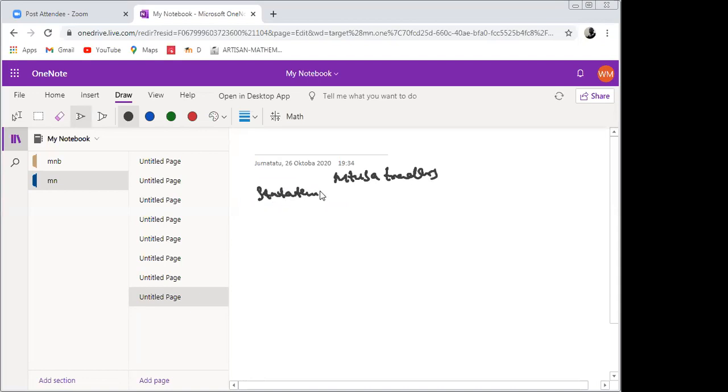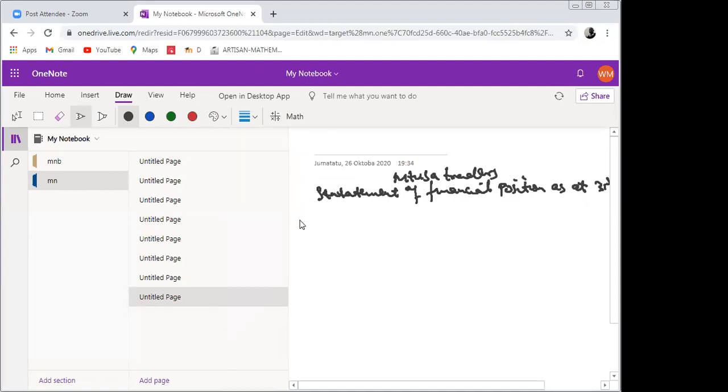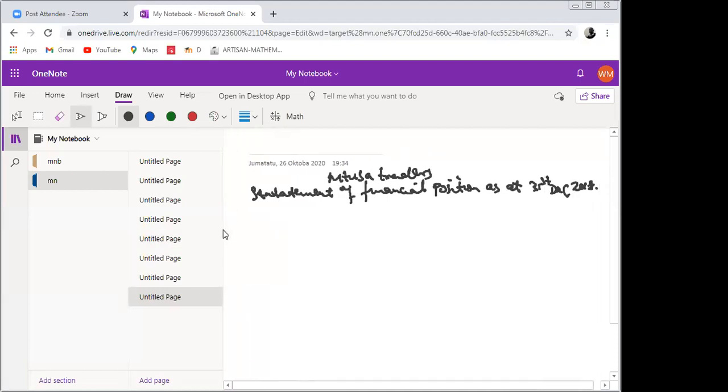Statement of financial position as at, we are told to prepare as at the first of December, 2018, and you underline. That is the point where you earn the first mark. But actually, all the workings that you have done will earn you some marks. So underline it like this.